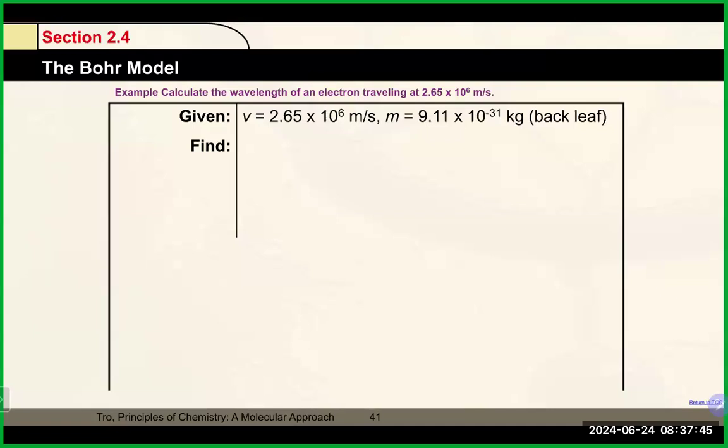Okay, so let's take a look here. Again, we're going to calculate our de Broglie wavelength, which is h divided by our mass times our velocity. Remember that our mass needs to be in kilograms, which it was given to us in, so that makes it easy. And also our velocity does need to be in meters per second for everything to properly cancel out, which it does.